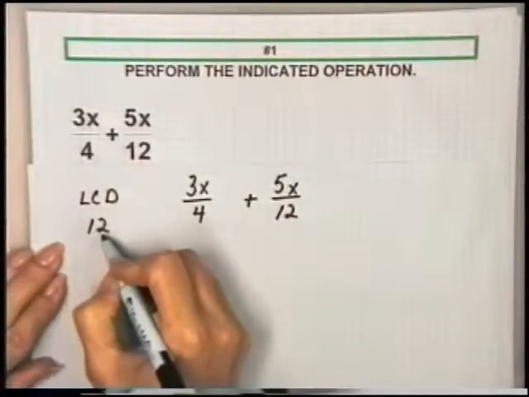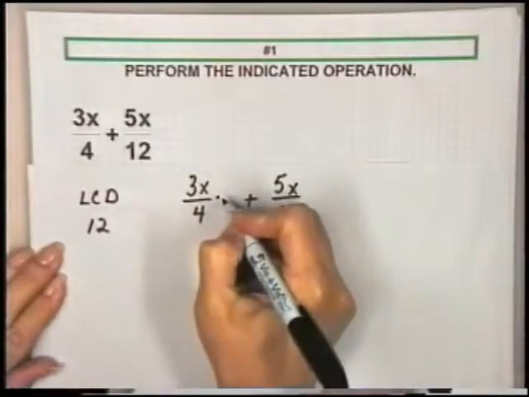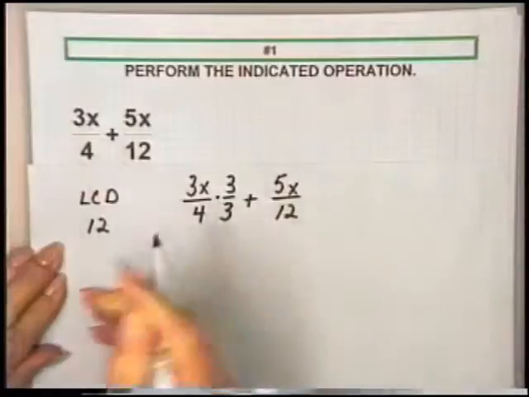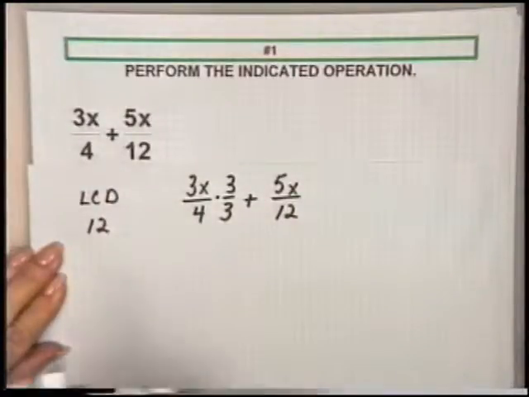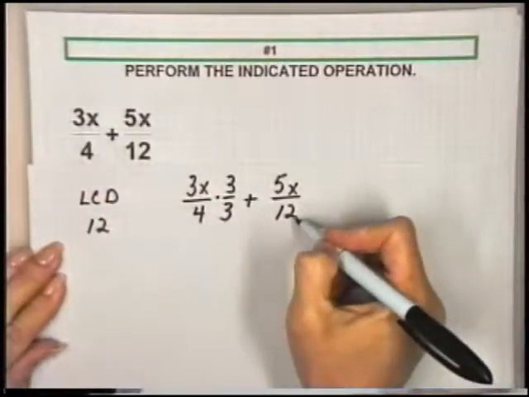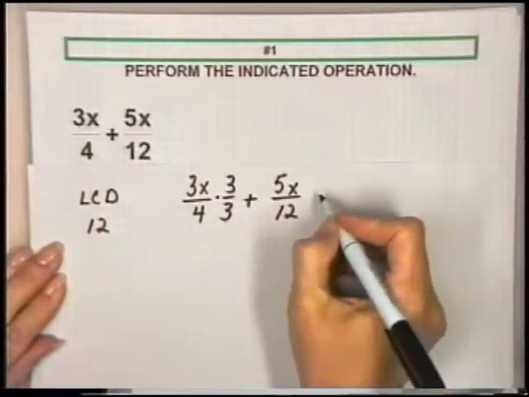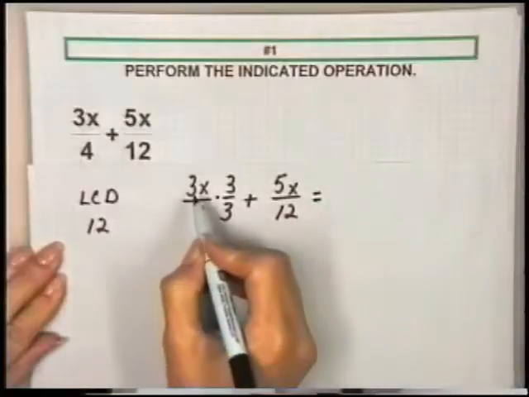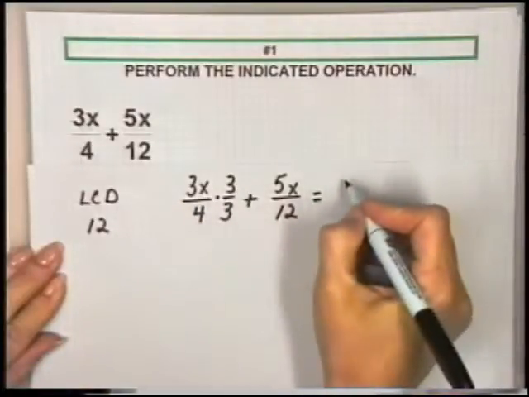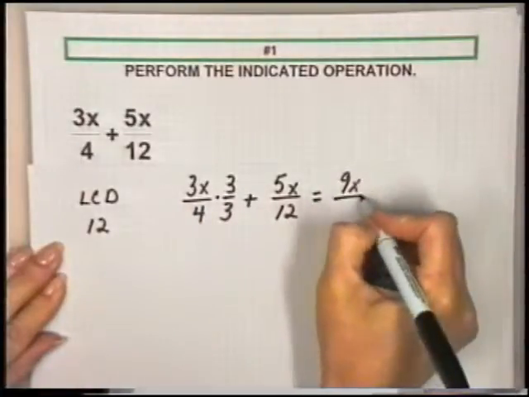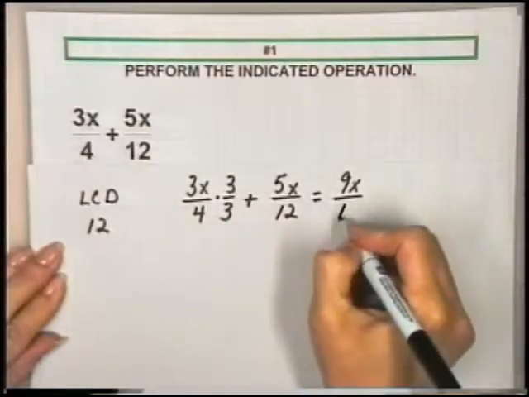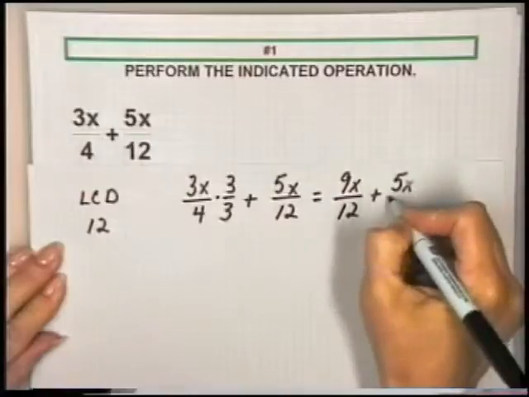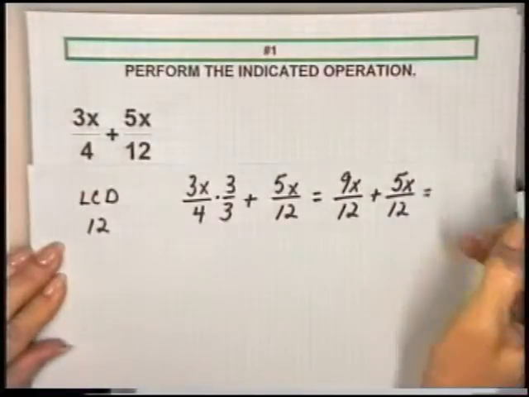Since 4 goes into 12 3 times, I need to multiply 3x over 4 by 3 over 3 to find the equivalent fraction. Since 5x over 12 already has a denominator of 12, I do not multiply it by anything. 3x times 3 will give me 9x. 4 times 3 will give me 12, plus 5x over 12.